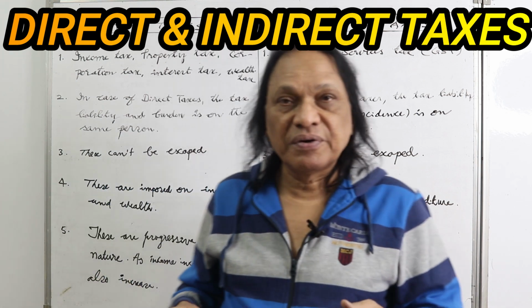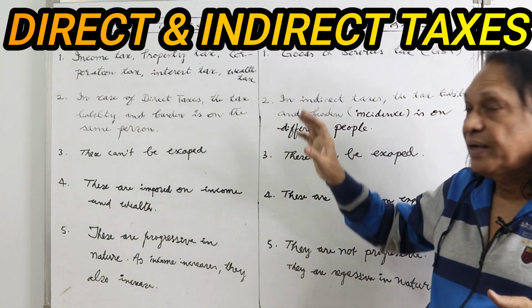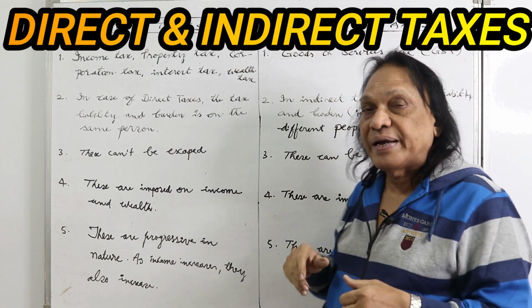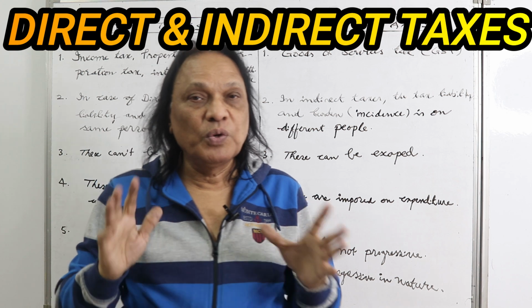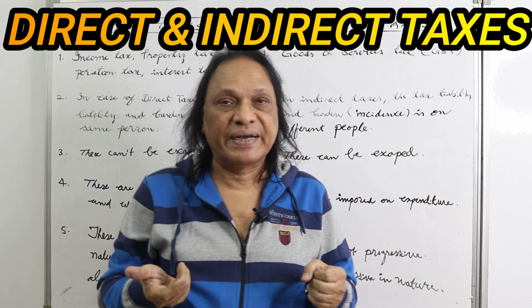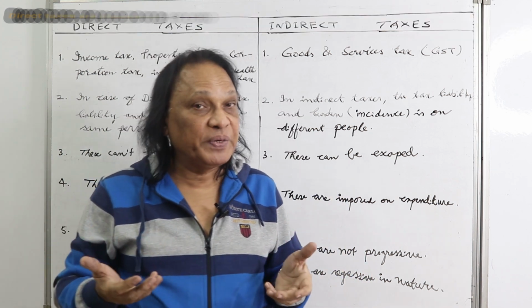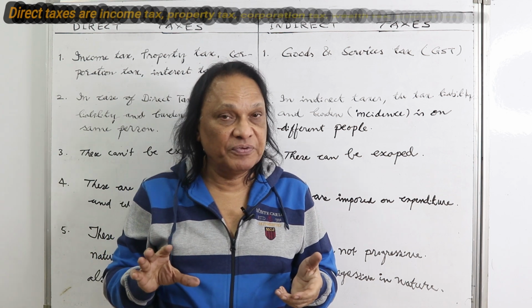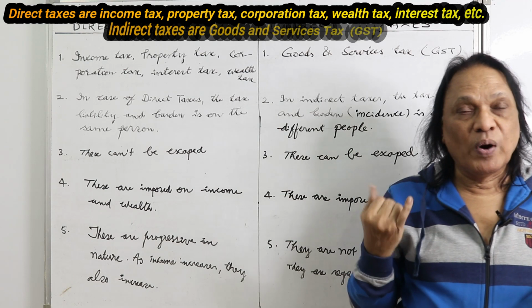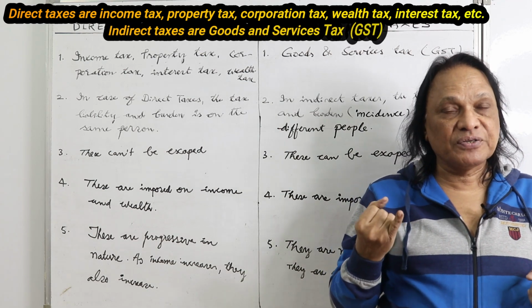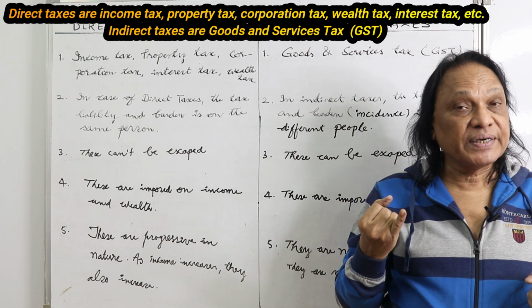Now let's see here, you can see it on the board, direct taxes and indirect taxes. What exactly are direct taxes? We'll see some examples of direct taxes which we pay day-to-day. Income tax is a direct tax.